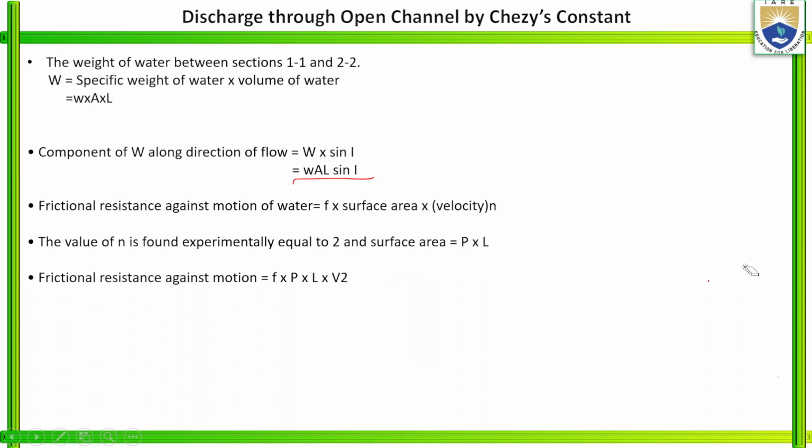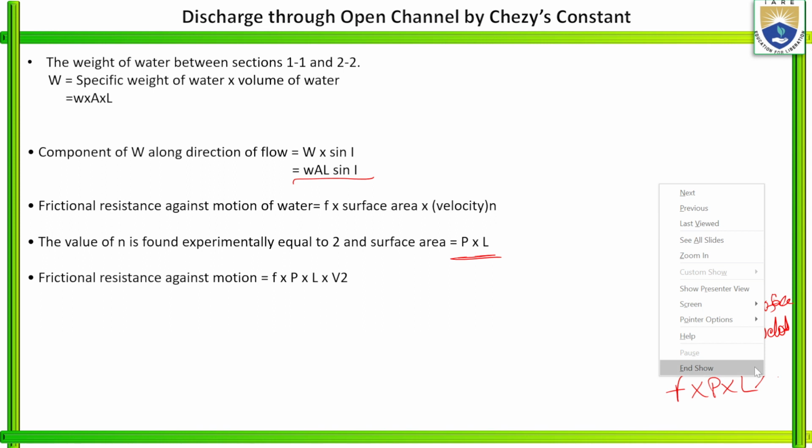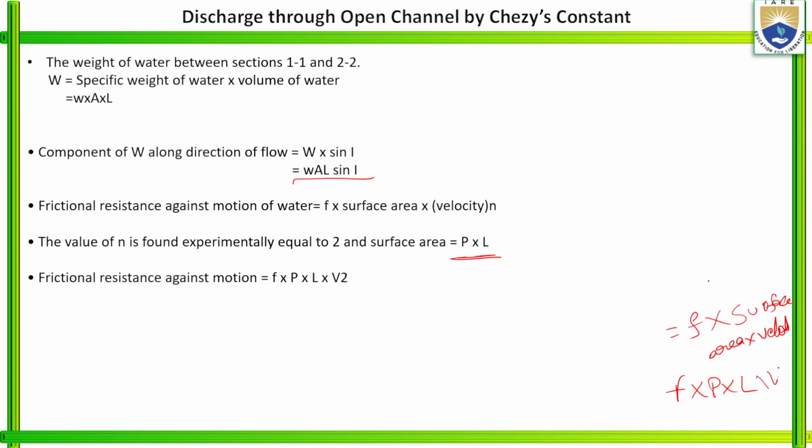So we know frictional resistance against motion of water is equal to F into surface area into velocity to the power n. The value of n is found experimentally to be equal to 2, and surface area is equal to P into L. So now the frictional resistance is equal to F P L V squared.